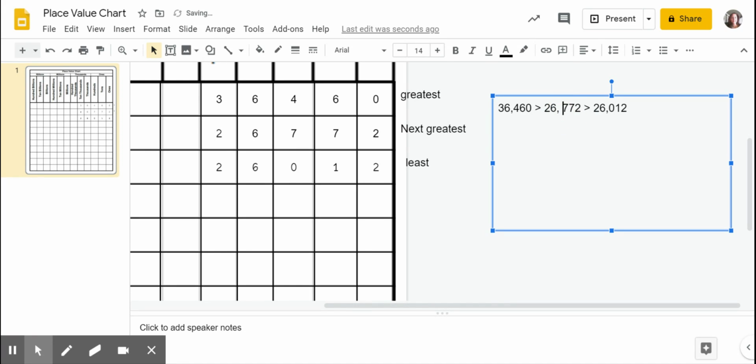And this is how we compare numbers so that we can order them from least to greatest.